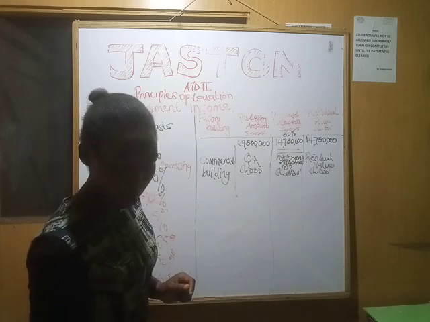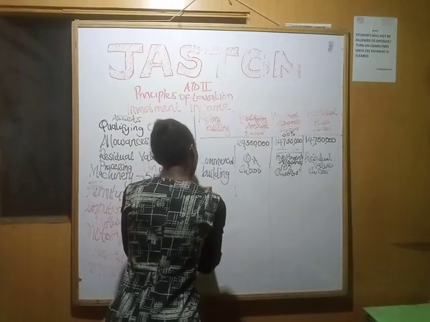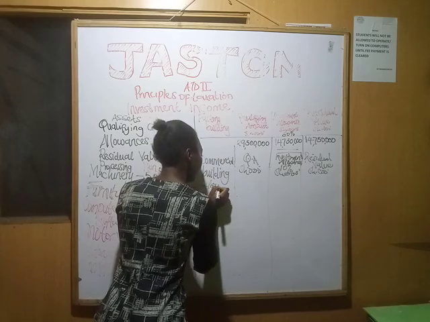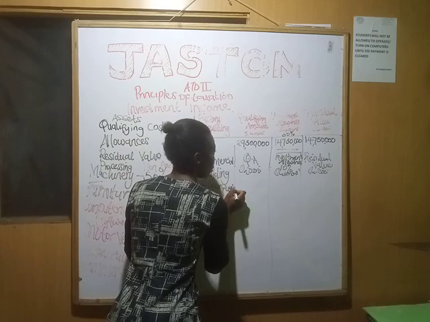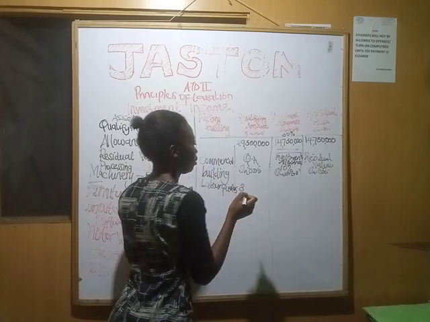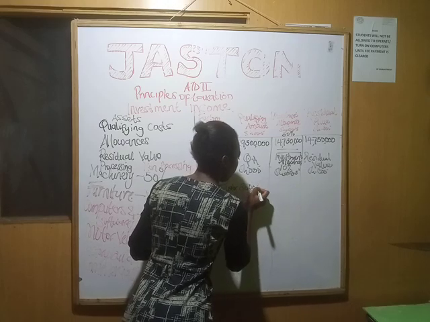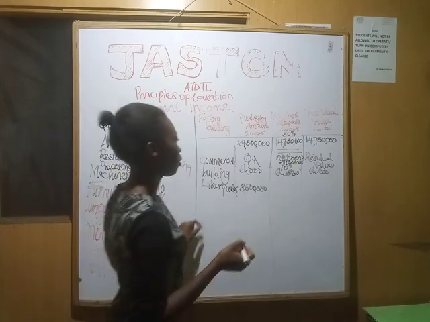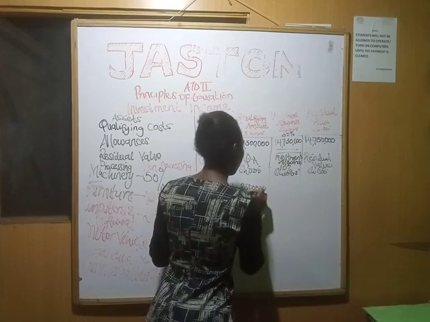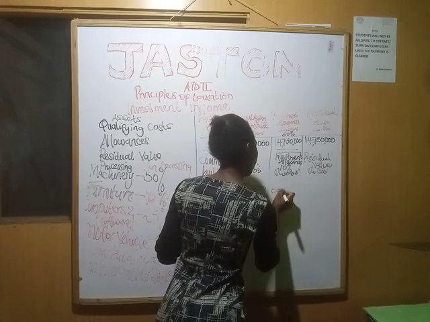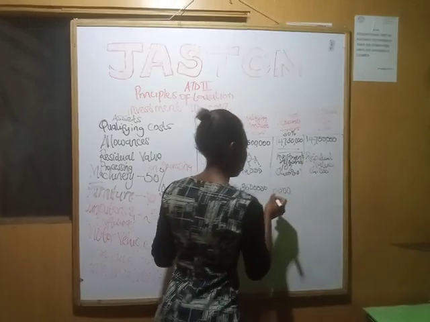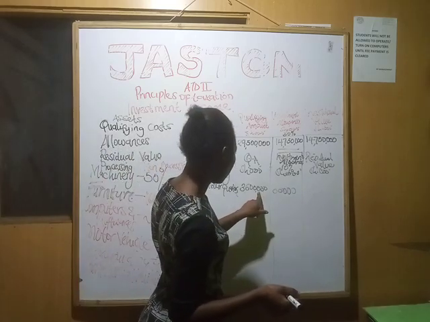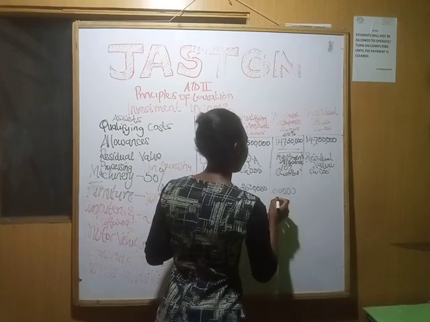So the labor quarters at 3,600,000 is our qualifying amount, and 10% of the qualifying amount gives us 36,000.